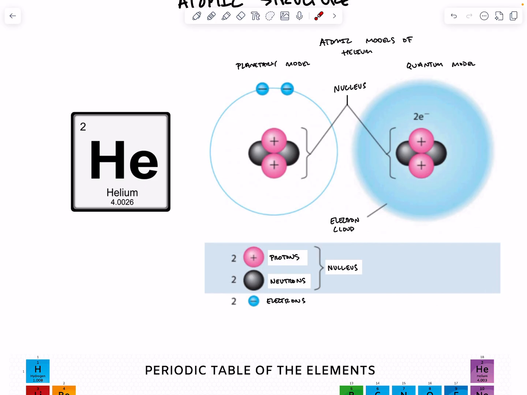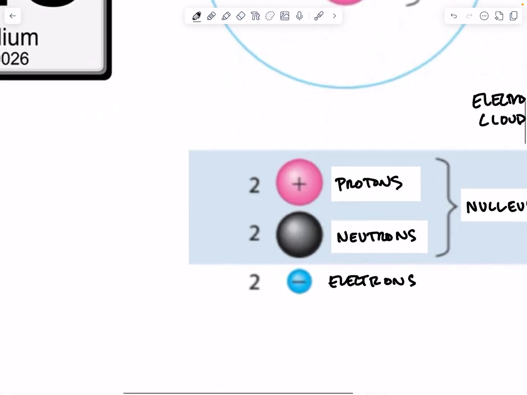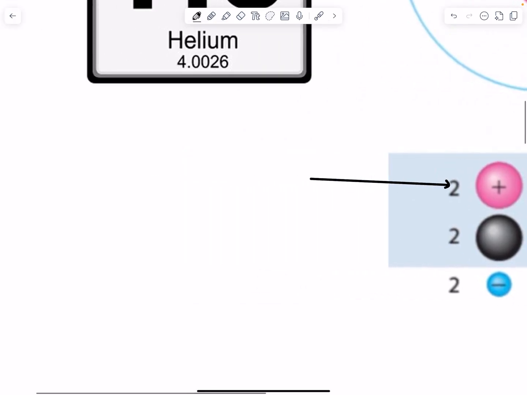Okay, so protons have a positive charge, as you can see right here. They are positively charged, they're found in the nucleus, and the number of protons in the nucleus determines the element.